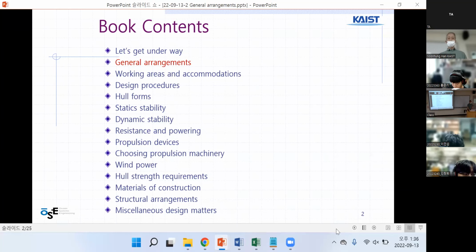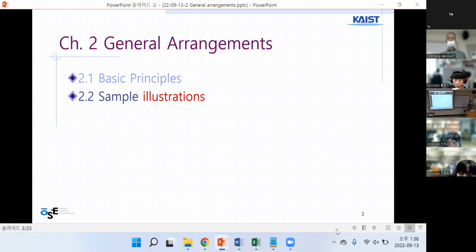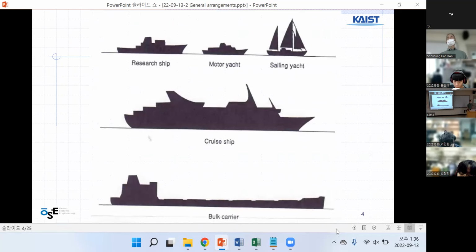We are covering ship types and also sample illustrations. By seeing the profile, we call this a profile side view of the ship. You can catch what the shape type is. Research ship is for oceanographers.